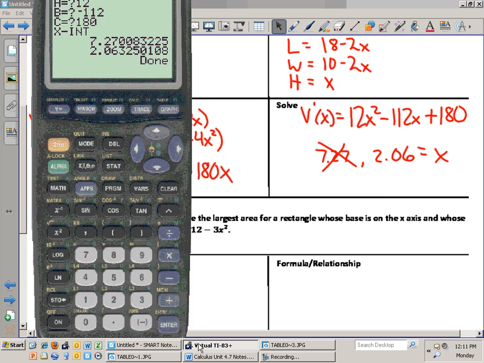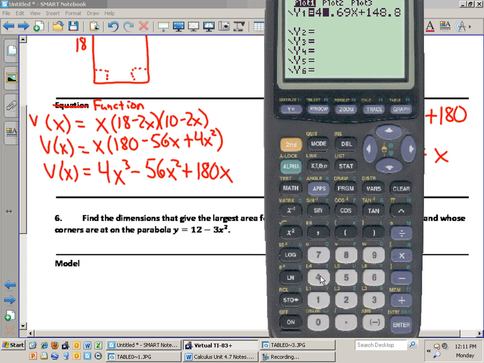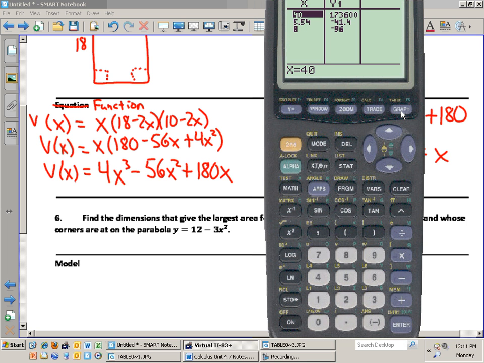So if I take my 2.06, y equals 4x to the third minus 56x squared plus 180x, and I go to my table and I type in 2.06, 168.13.